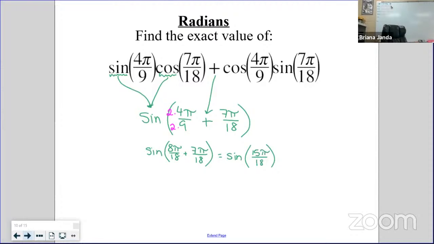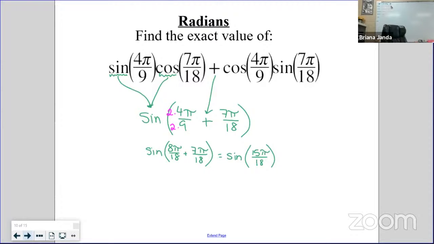This is, again, one of those getting to check that I'm on the right track moments. 18 is not on my unit circle, but 15 and 18 simplify, and it should simplify down to a 6, 4, 3, or 2. Okay, it should simplify down to a unit circle question. Just like earlier, we talked about if I accidentally added instead of subtracted, that it was an indication. Same thing here. This should simplify down to something on my unit circle.